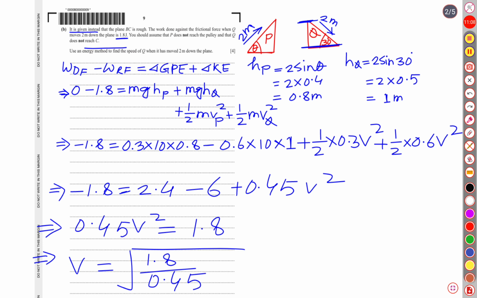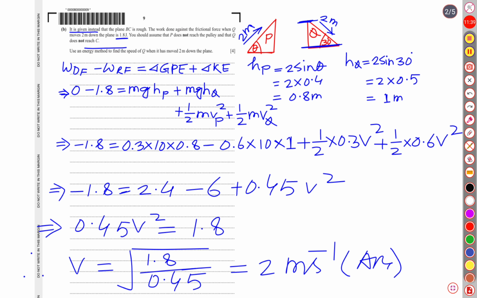Hence our velocity is going to be 2 meters per second, and that is our final answer to this part of the question. Let it be the last of all steps. So here, hence symbol. This is one of the simplest solutions to such a concept, that means the work energy equation.